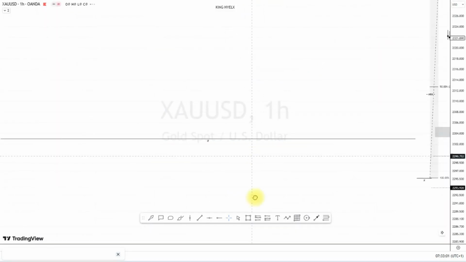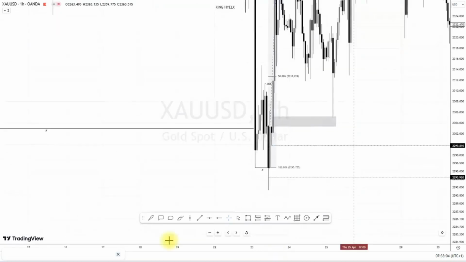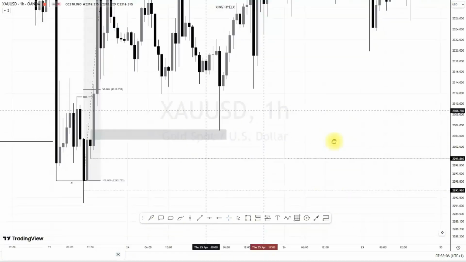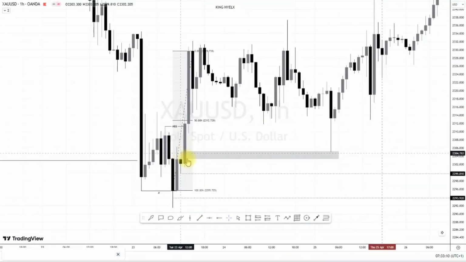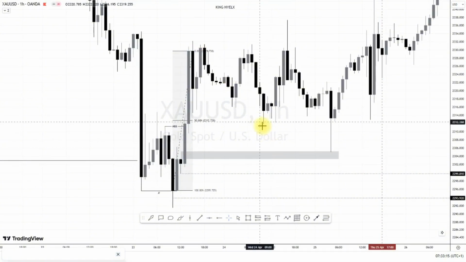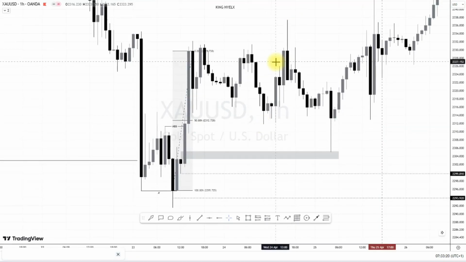Now, a further confluence I like to see on my trade setup is inducement. If you don't know what inducement is, you can go check YouTube. Inducement essentially means when you have a POI, like this is my POI over here, and price starts trading lower towards it, but before even reaching the POI, it starts to pump up. So people who are not really smart money oriented would think, okay, since we're already at 50%, perhaps price will buy from this point, so they start laying in their buy positions from here, not knowing that this is essentially an inducement.